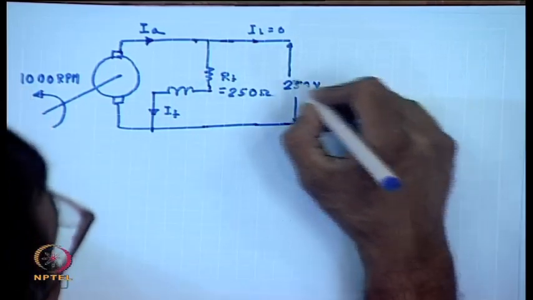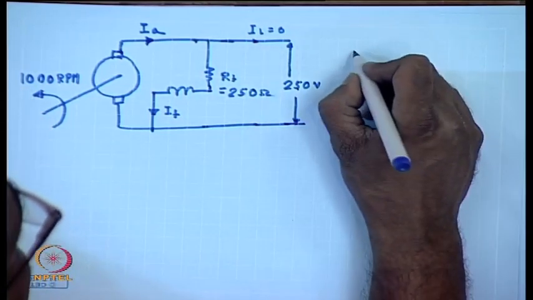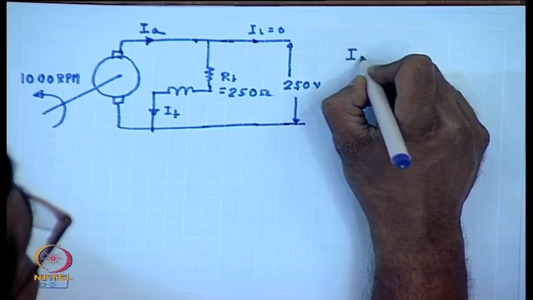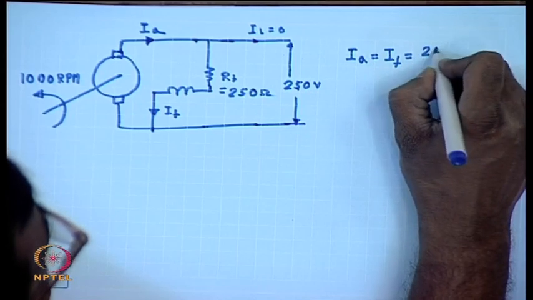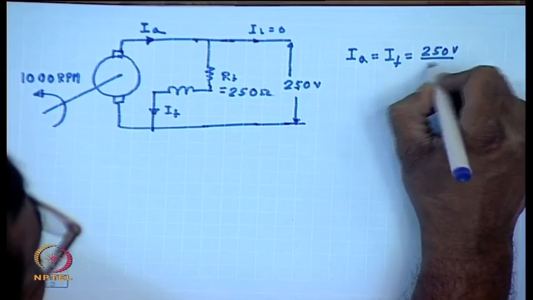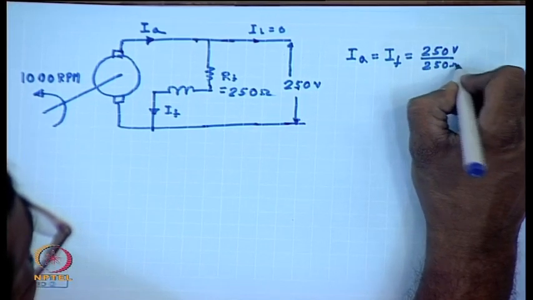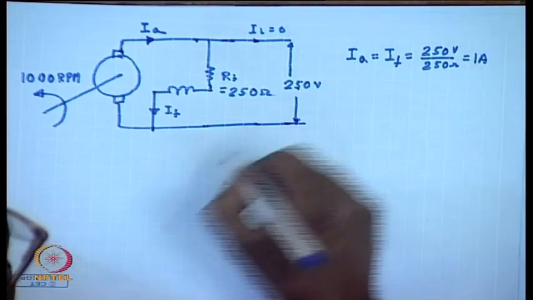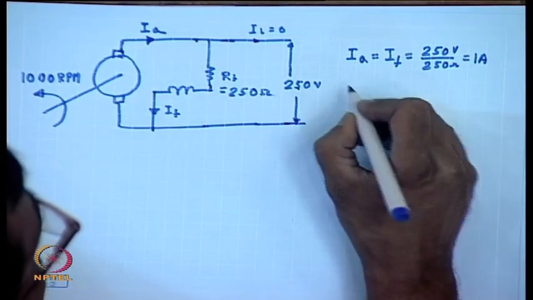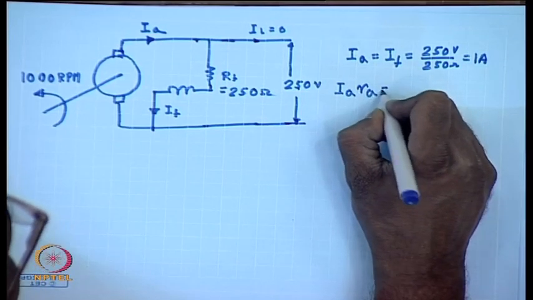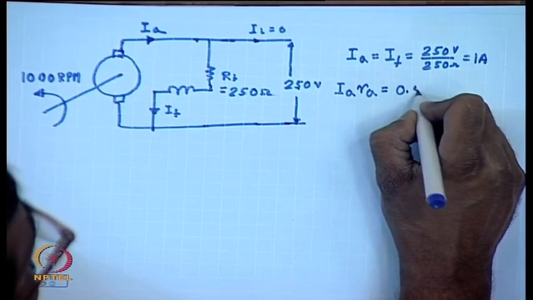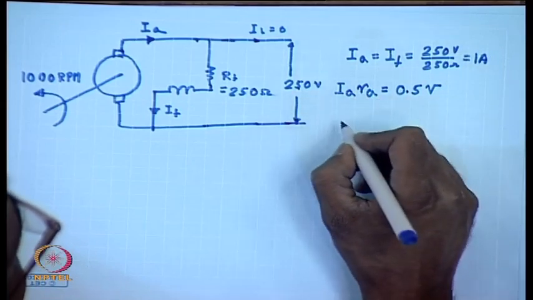So, under this condition, since the generated voltage is 250 volt, Ia equal to If equal to 250 volts by 250 ohm, this is equal to 1 ampere. So, under this condition IaRa equal to 0.5 volt, since Ra equal to 0.5 ohm.